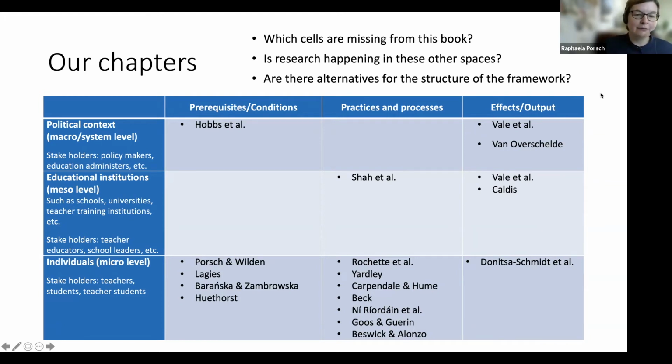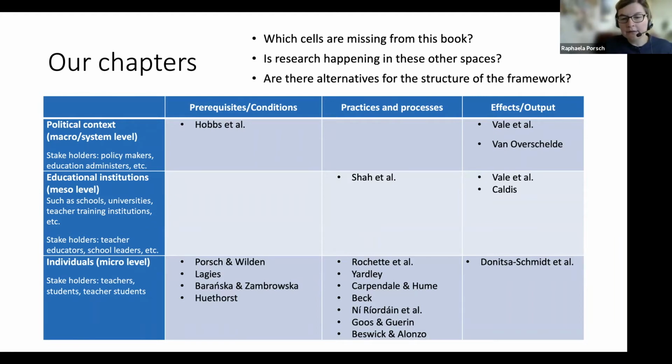Take mine, for example, the Porsch and Wilden chapter. We could say we talk about conditions. We looked at teachers with different qualifications, but we also looked at practices and processes. I put it in the first cell on the left, down left, because this is the major focus of this chapter. But still, it's not always clear cut where to put it.